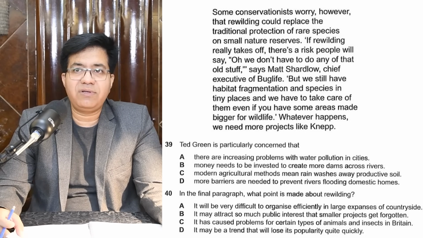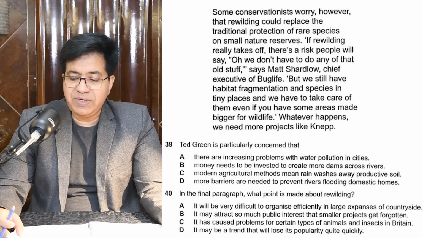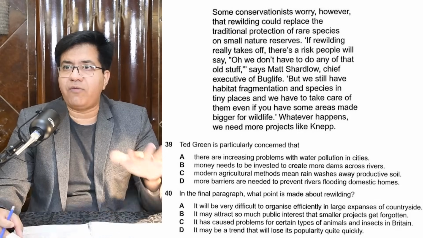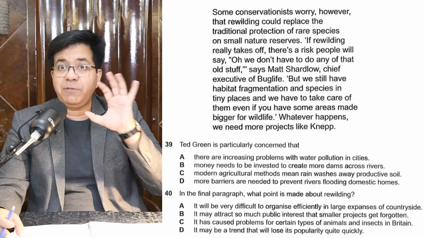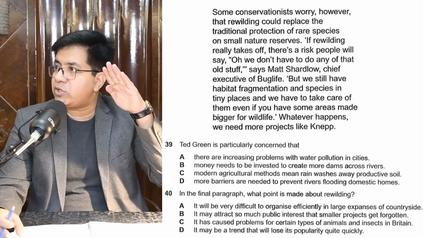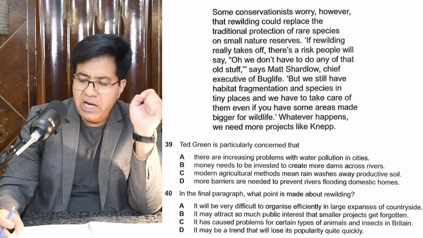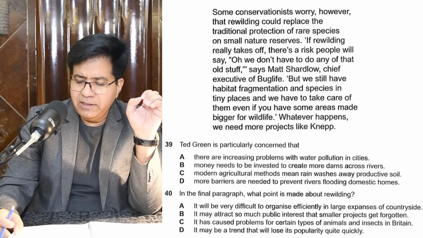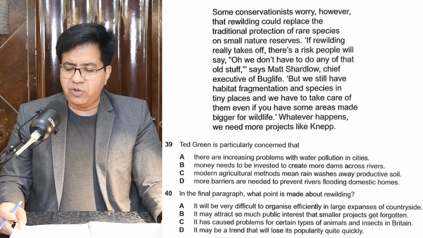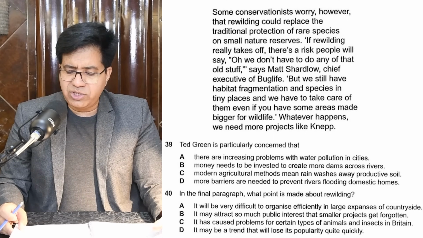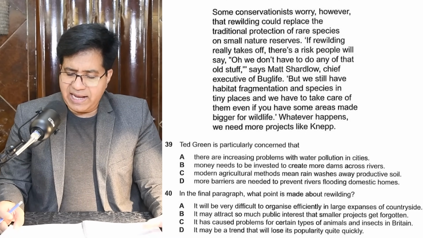What is old stuff? Farming. Okay, so he says if rewilding really takes off, take off means if it becomes popular. When something takes off, it becomes popular. You know what rewilding is, by the way, okay? If rewilding really takes off, there is a risk people will say, oh, we don't want to do any of that old stuff, says Matt Shatlow.